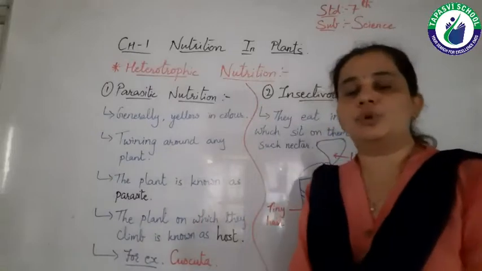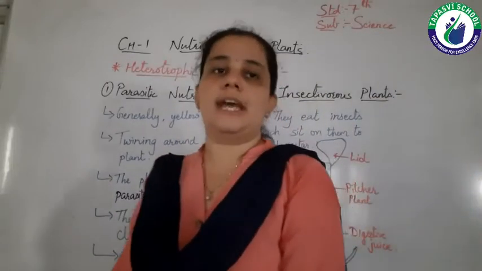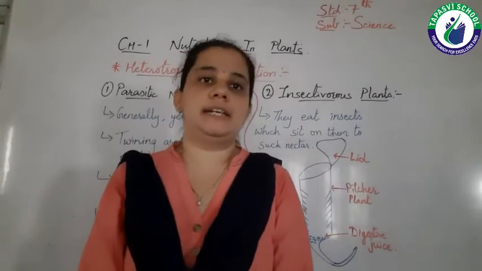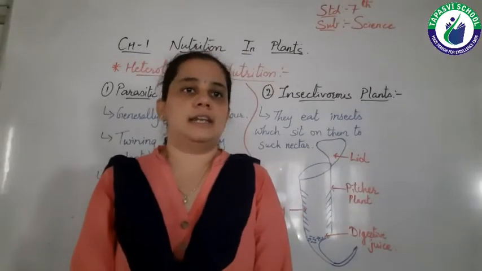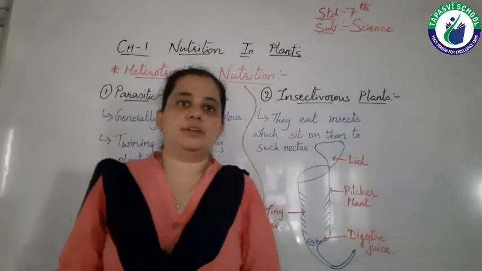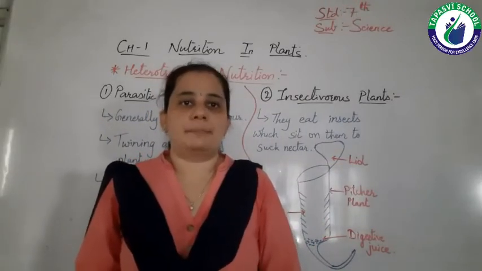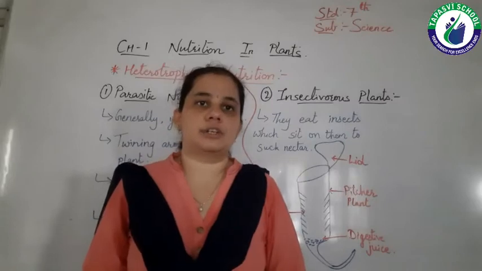Now, as I told you in the last lecture, we will discuss all this nutrition in detail in the next lecture. So let's start with the first heterotrophic nutrition, that is parasitic nutrition.